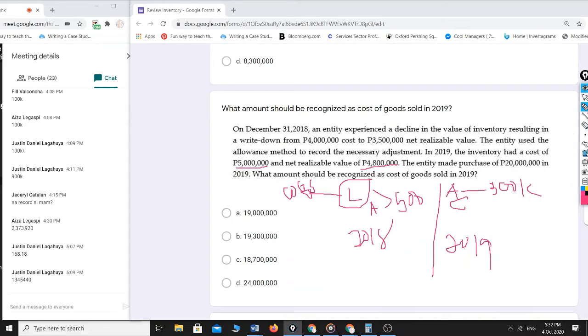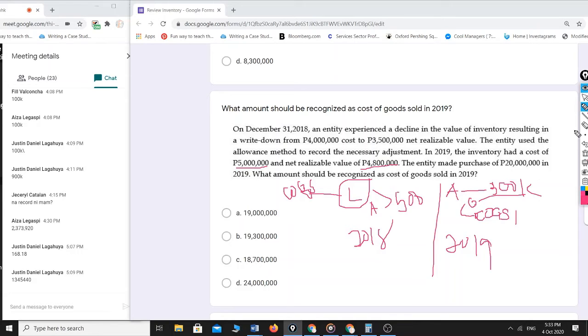So reverse unta nato, pero dili naman na siya i-consider as loss because this is a gain. Okay? Nakaginan siya. So our credit is gain on allowances. Okay, so kani siya, this is still part of the cost of goods sold, but unlike the losses, diri nga losses add siya kaning gain, this is a deduction.